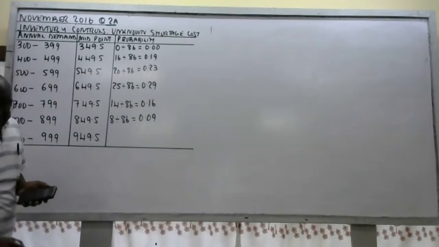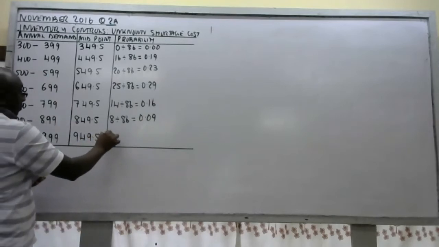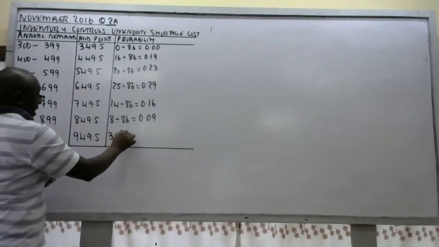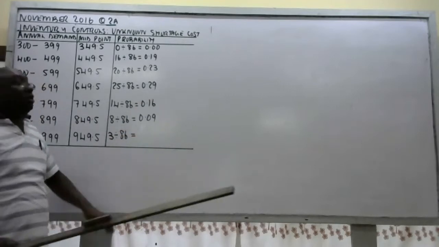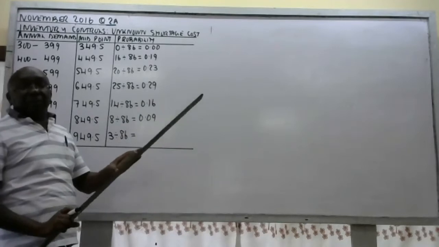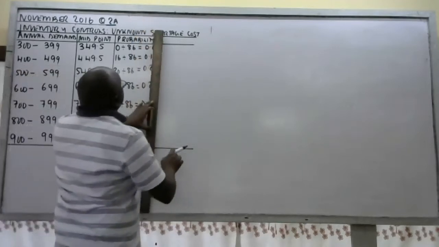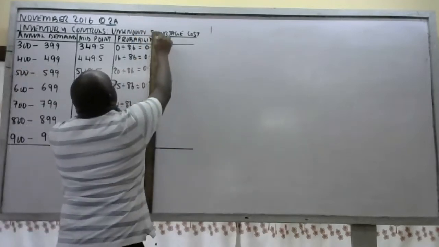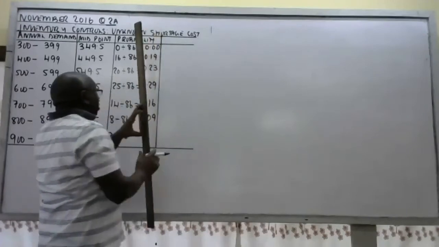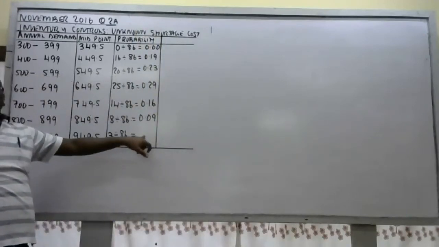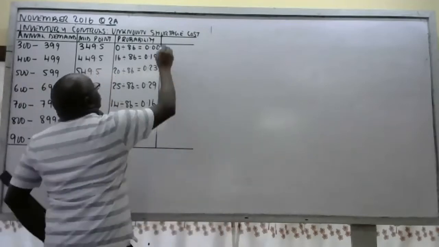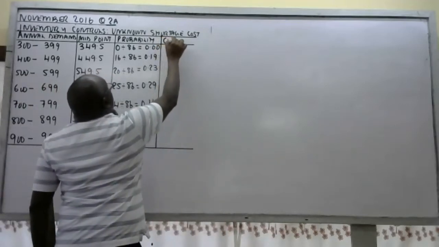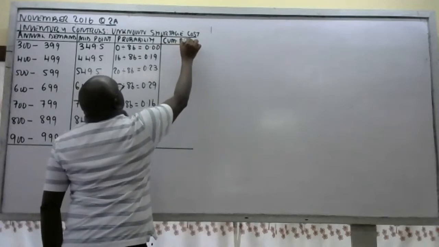And then this other one, 3, you divide by 86. But now, because of the error that we have been committing as we round up or down, it is advisable you first of all cumulate, so that this one will be what remains for the total to be 1. So you get now what we call cumulative probability.